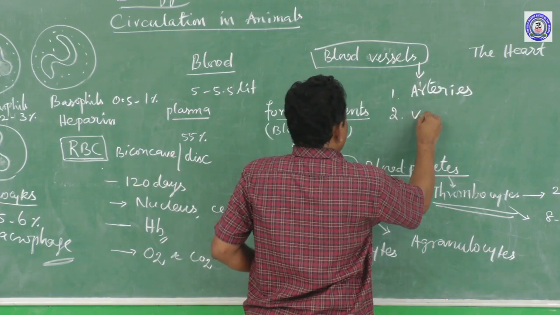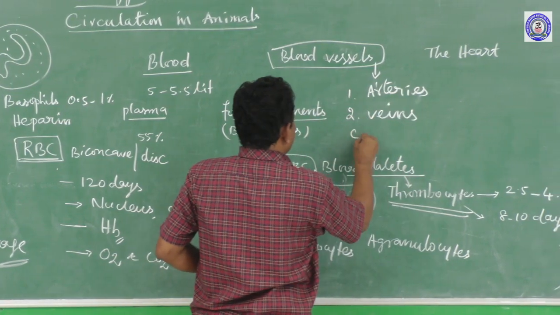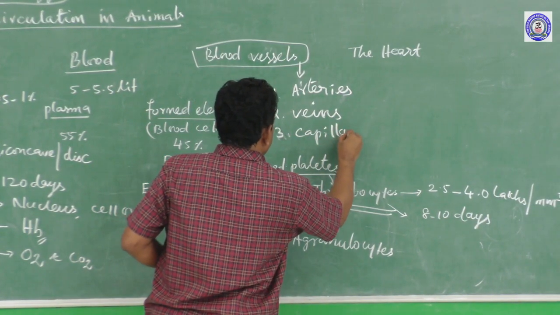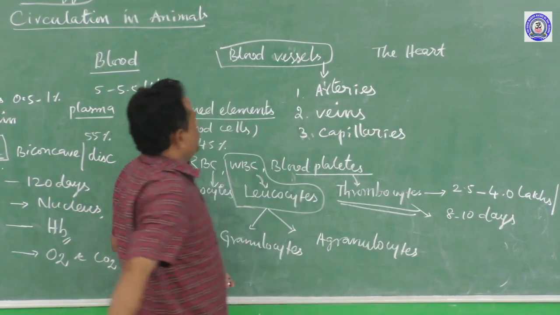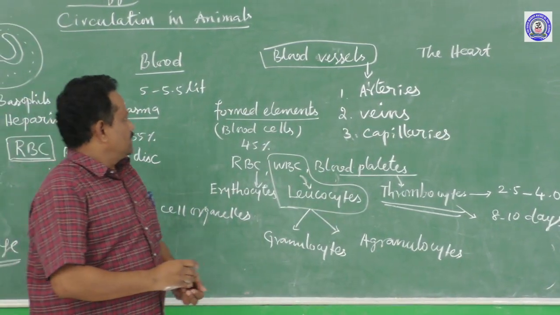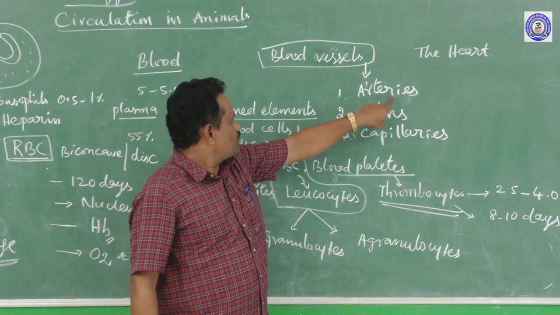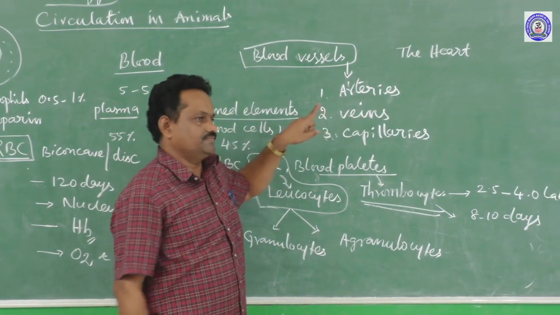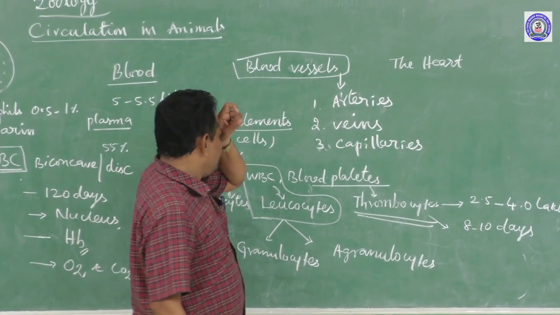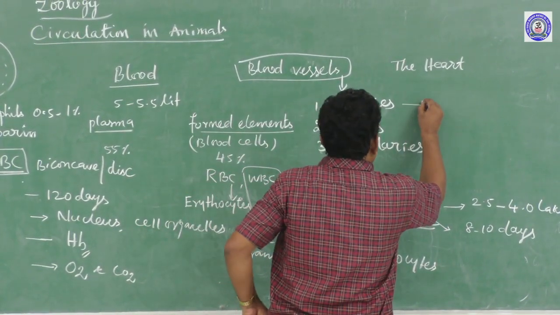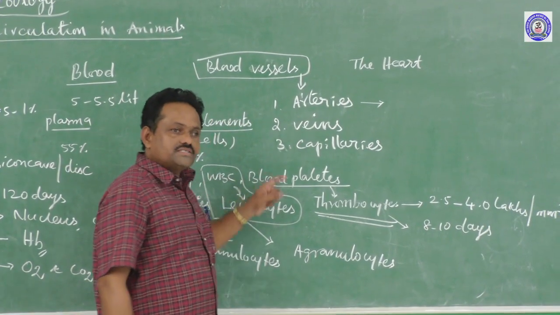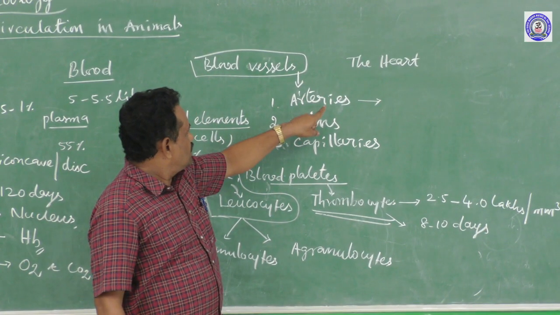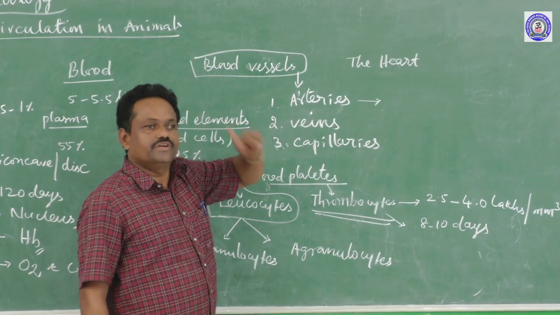Second one, veins. Third one, capillaries. Here, arteries carry blood away from the heart. Generally, arteries carry oxygenated blood, except the pulmonary artery.